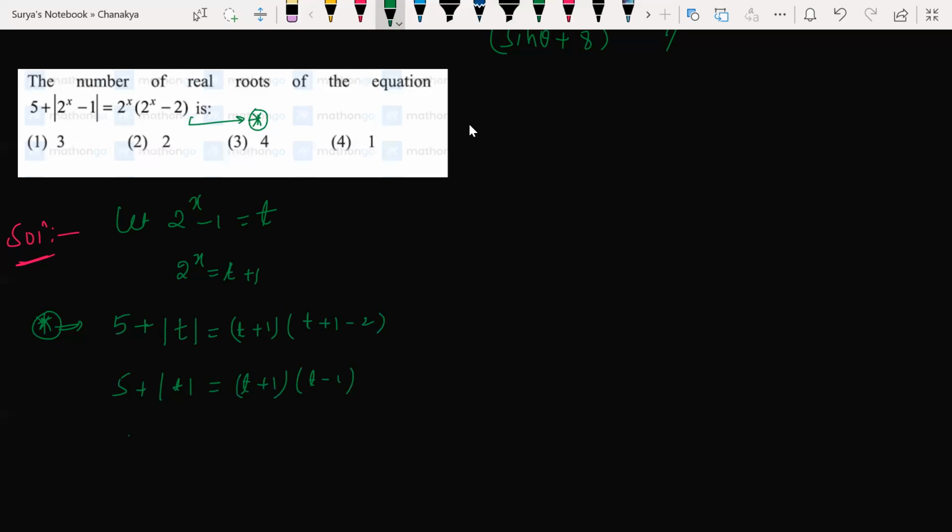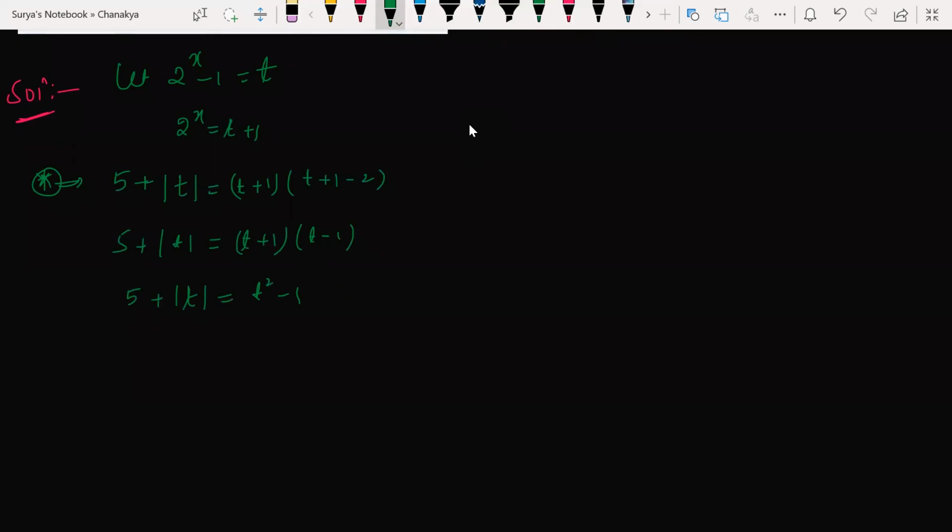Correct? So 5 plus modulus of t is equal to t square minus 1, a square minus b square formula. So we'll write like this: modulus of t is equal to t square minus 6.